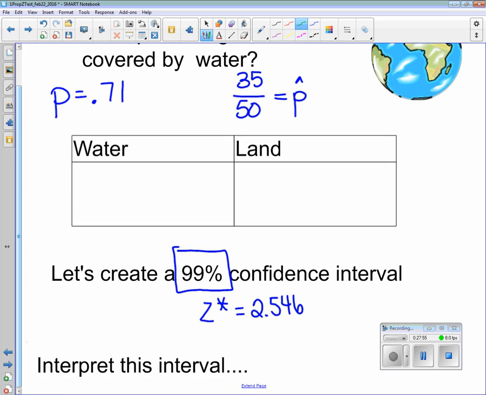That means the alpha level, okay, alpha is what you compare. Did you read about alpha in the book? You know what that is? Your significance level.